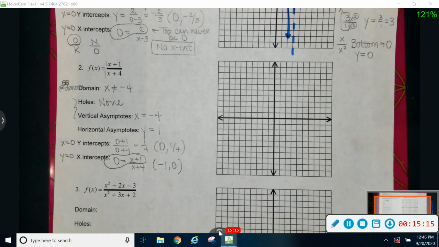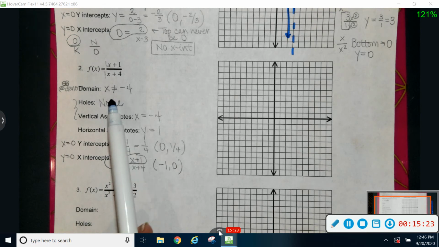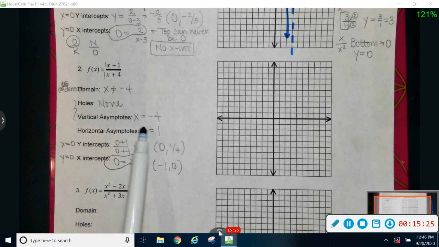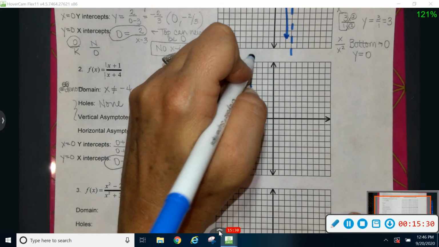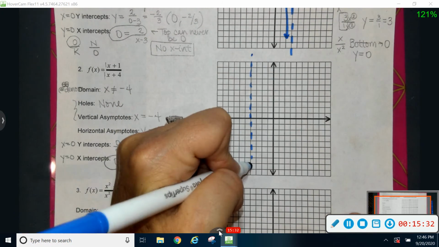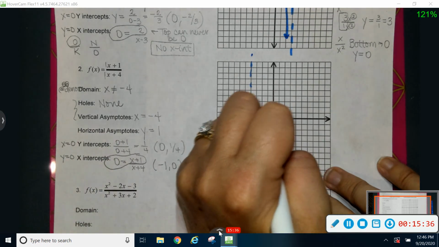So let's plot what we have, and then we'll make that table and complete the graph. All right, I got a domain restriction at negative 4, no holes, and that domain is blocked by a vertical asymptote at negative 4. So there's my vertical asymptote. I have a horizontal asymptote at y equals 1.